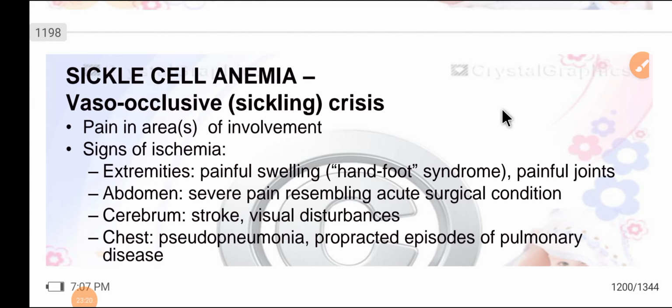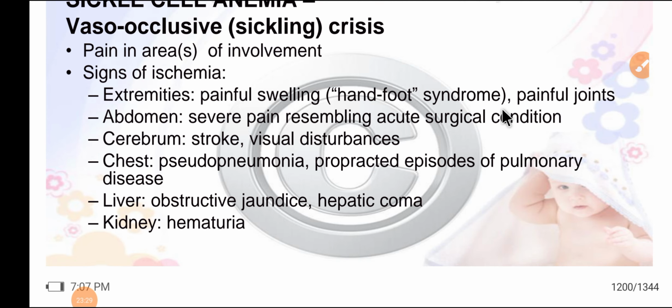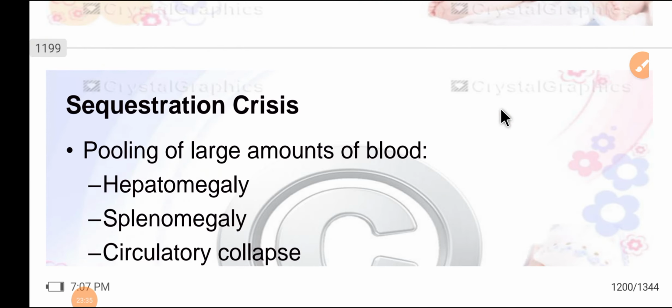Chest: pseudo pneumonia, protracted episodes of pulmonary disease. Liver: obstructive jaundice, hepatic coma. Kidney: hematuria. Sequestration crisis: pooling of large amounts of blood, hepatomegaly, splenomegaly, circulatory collapse.